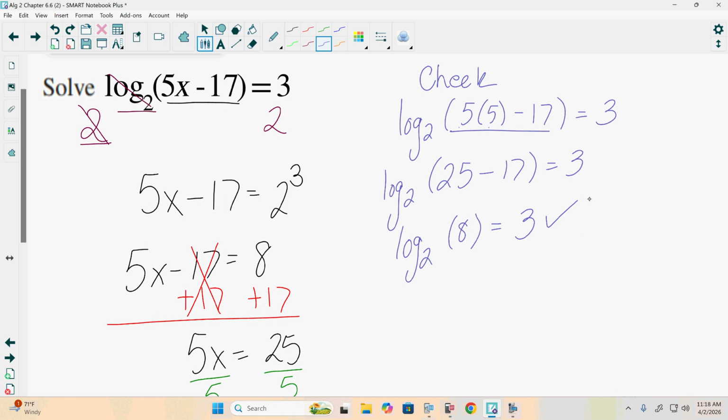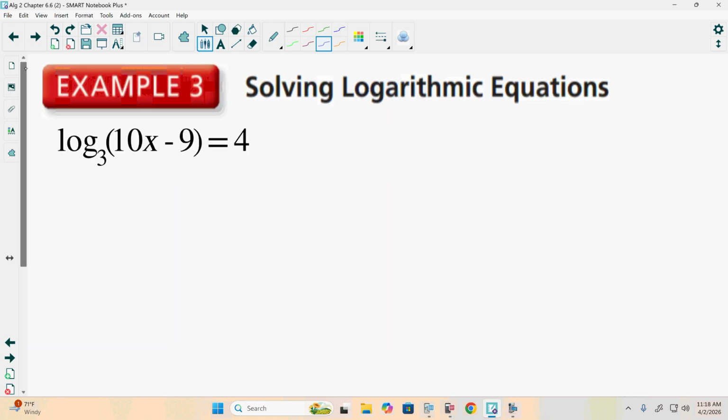Questions on this here? Questions on anything we've done so far? As we look at this next one, we have log base 3 of 10x minus 9 equals 4. Here we do have one term on either side.